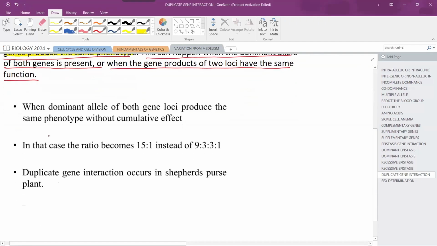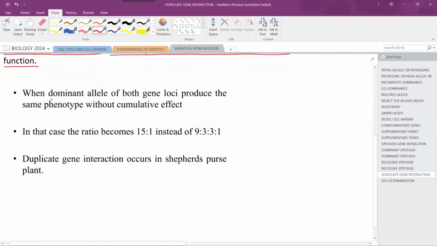When the dominant allele of both gene loci produces the same phenotype without a cumulative effect, the ratio becomes 15 to 1 instead of 9 to 3 to 3 to 1. Duplicate gene interaction occurs in the Shepherd's purse plant.